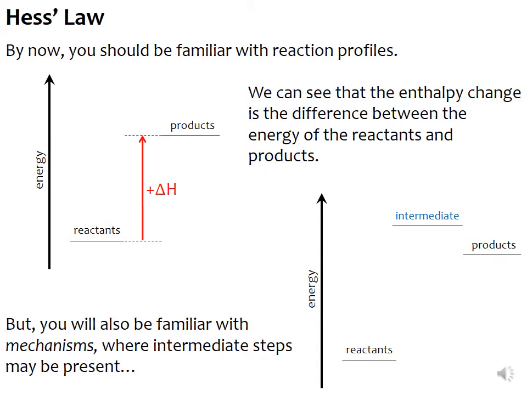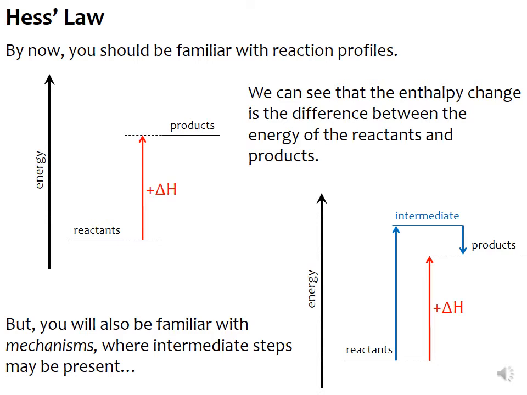And what we can do with this reaction profile is say that we would need to put energy into this reaction for the reactants to form the intermediate. But then the intermediate would give out energy to form the products. What would happen to the delta H overall for this chemical reaction? Well, even though we've gone through an intermediate, the energy of the reactants and products has not changed. And so delta H for the reaction will be the same as before.